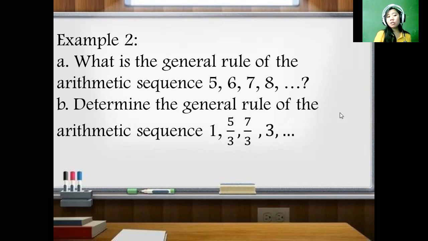So given, what is the general rule of the arithmetic sequence 5, 6, 7, and 8? So now, we are going to formulate a general rule from the given general rule that we have for arithmetic sequence po. Okay, so bibigyan po natin ng general rule ang given arithmetic sequence 5, 6, 7, and 8.